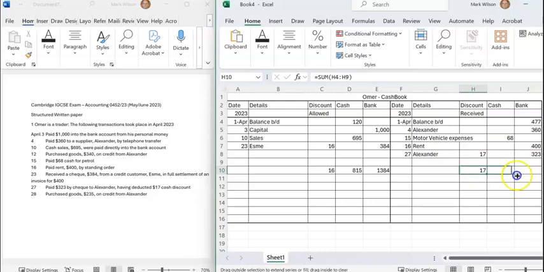And I'll fill that across. Okay, and so what we need to do now is find out the balancing figure for our cash and for our bank. So what we do is we've got our totals here. You'll see in the bank there's a total 1560. To balance that up, I need to add the difference between there and there. Hopefully I don't get a circular reference. And that's going to be my balance, which will carry forward.